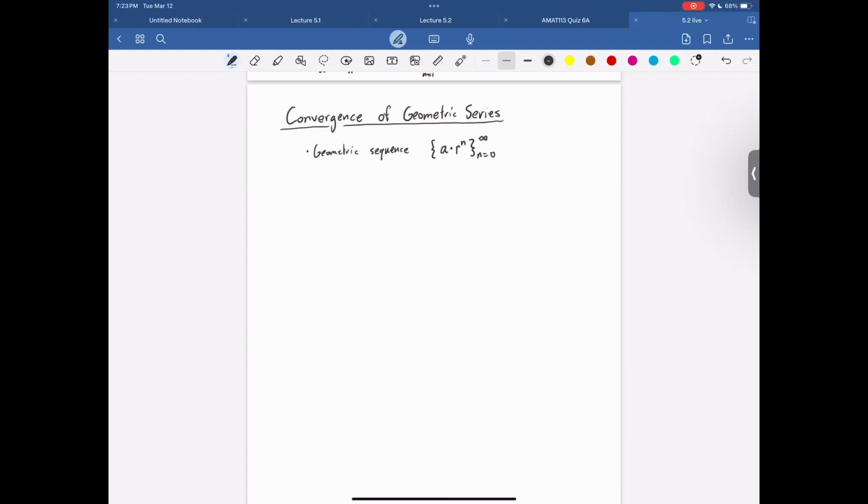It's a little different. We have n equals 0 as our base, and all that means is that the first term is always going to be a, and then a times r, and then a r squared, etc.